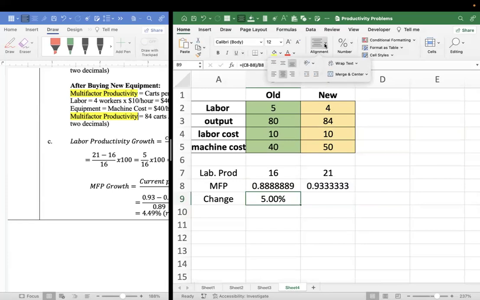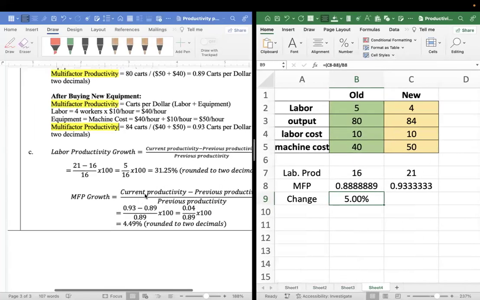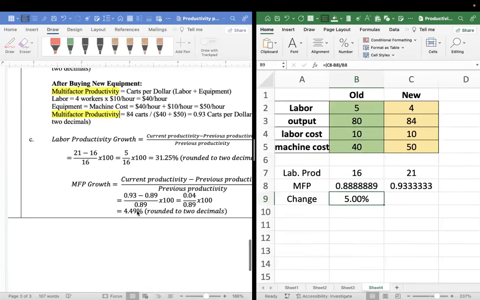There is a possibility you can increase the number of decimal places and you can decrease them. So that's 5. And as you can see, this answer is slightly different from the answer you have here, which is 4.49, and the reason is this rounding error. Here we are using 0.8888 and it keeps going, but over here we are using 0.89.